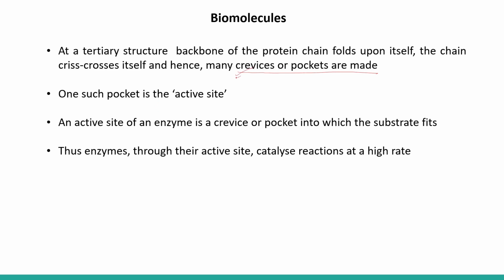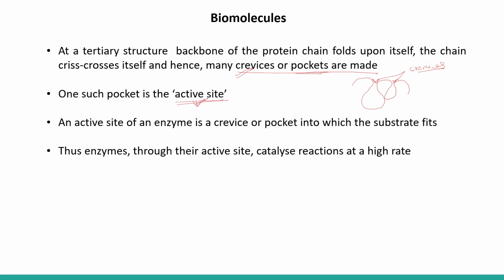Now this is very, very important. When the protein gets folded to form the tertiary structure like this, there are some crevices you can see here. Now what do these crevices mean? These crevices or pockets have active sites. This is very important if we are studying enzymes.